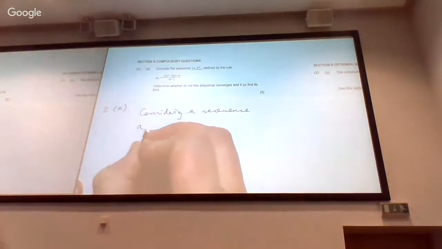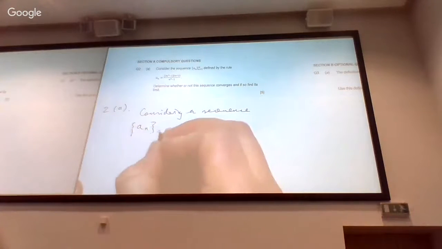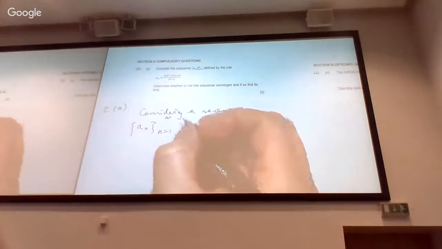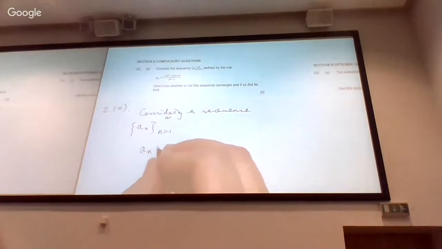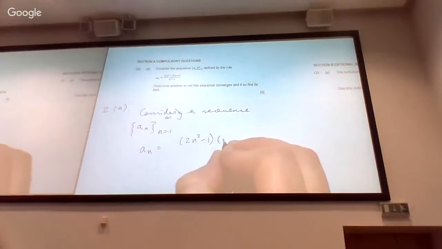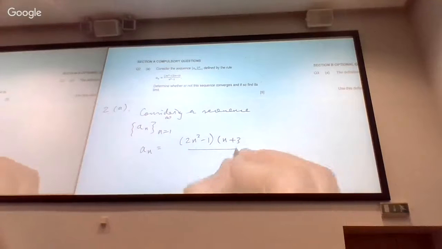The sequence is a sequence of terms a_n, where n goes from 1 to infinity, and the term a_n is defined to be the fraction (2n squared minus 1) times (n plus 3) over n cubed minus 2. You're just asked to determine whether or not this converges, and if so, find its limit.